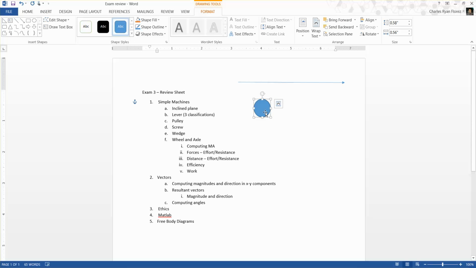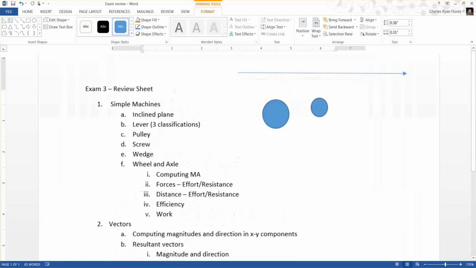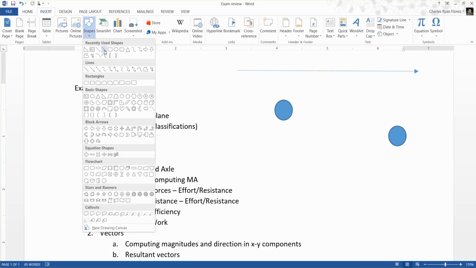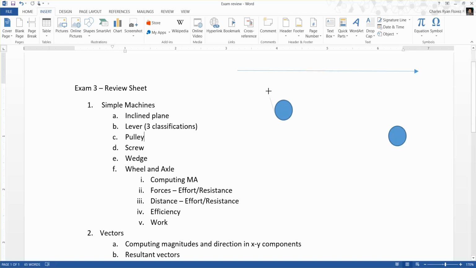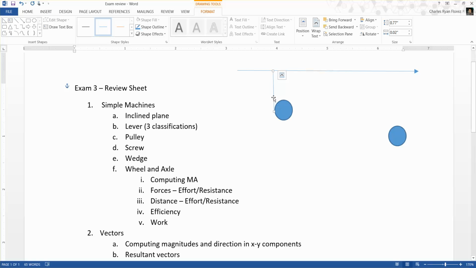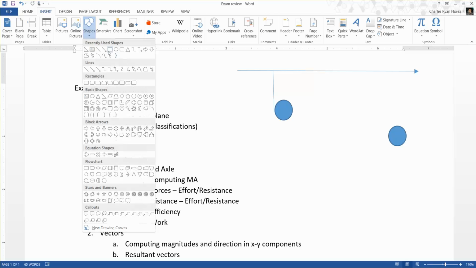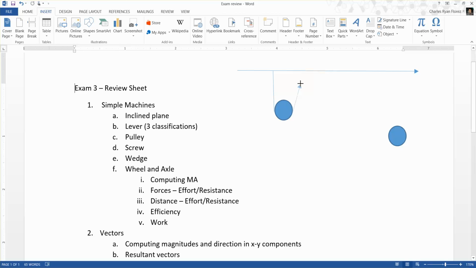Let's say that there's a string attached here.